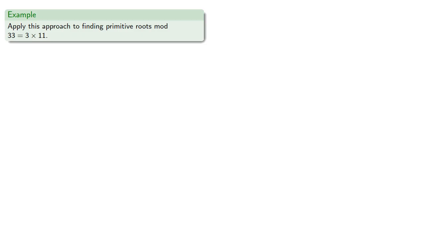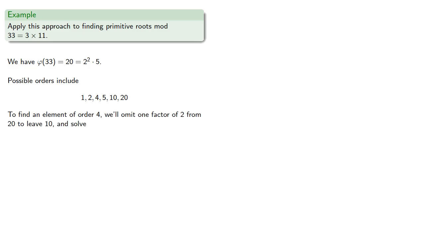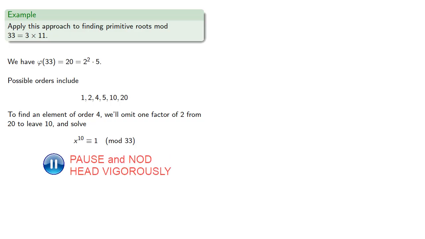Well, let's try it. Let's try 33, 3 times 11. So phi of 33 is..., and possible orders include... To find an element of order 4, we'll omit one factor of 2 from 20 to leave 10 and solve x to the 10th congruent to 1 mod 33.